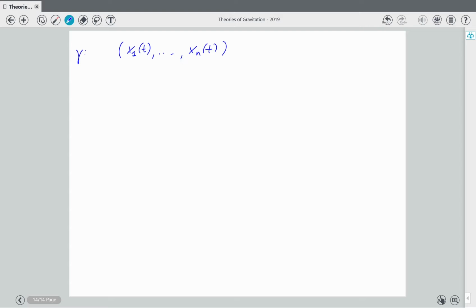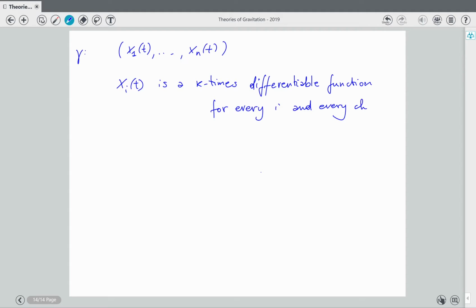And since by definition it had to be of class C^k, that means that these functions are k times differentiable for every i, and every chart, actually. That is a curve of class C^k.